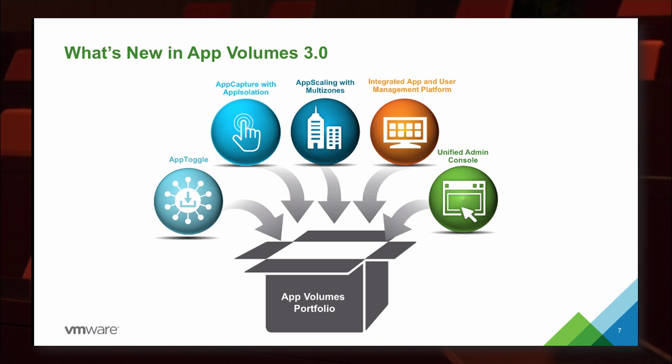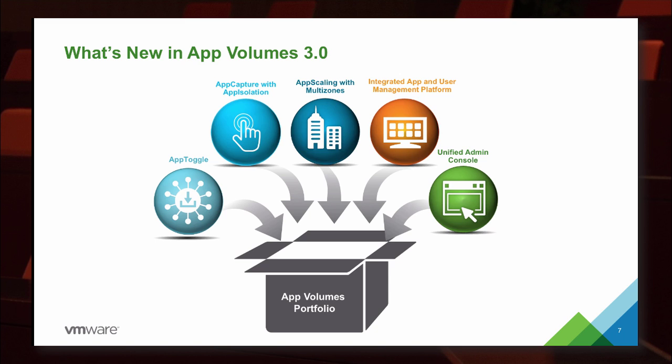Some have different dependencies. They might require different things inside of the operating system. So App Isolation will compare the binary file for that application with everything else inside of that application stack. And if there's a contradiction or a conflict, then it can go ahead and isolate that using basically the same type of technology that we've used for years with ThinApp.